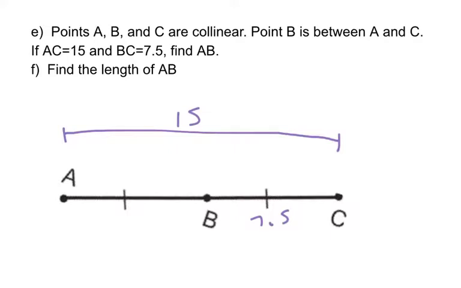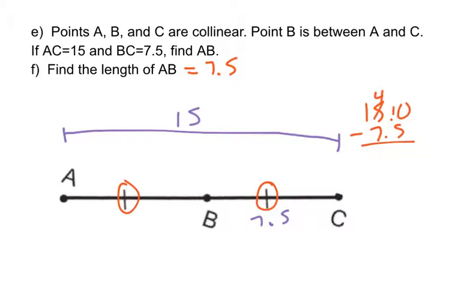Well, right here we can already see that these lines mean they're congruent. So the length of AB has to be 7.5. Even if they didn't tell us that they're congruent, if you did 15 minus 7.5, you would still get 7.5. So it would still be the same answer, but I'm just showing you how to do it. So 7.5 is your answer.